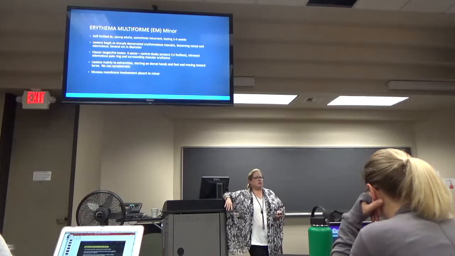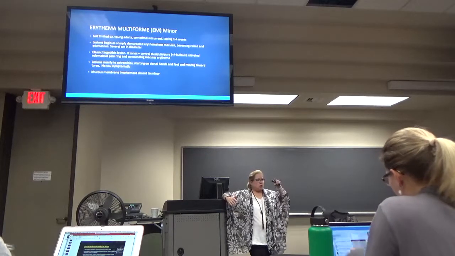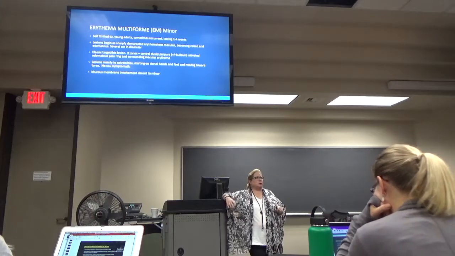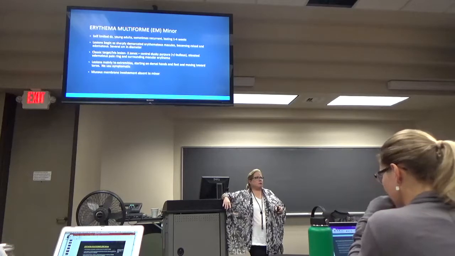So these lesions are very well demarcated. Again, this target lesion has these 3 zones. You don't necessarily need to know exactly which zone is what, but you'll be able to appreciate it once I show you a picture of it.